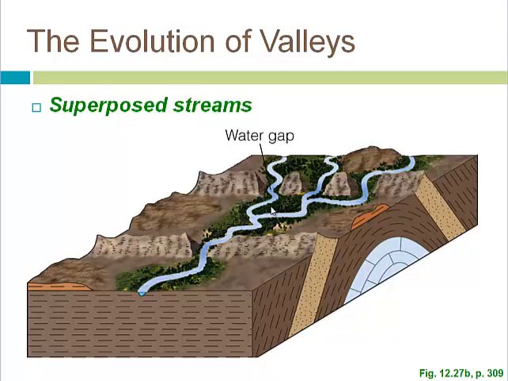As it cuts down through that harder rock material, it'll produce a water gap, which is basically a canyon through a protrusion that's coming out from some bedded plain. And then we get a superposition that develops, and basically the stream is superimposed over material that is resistant to erosion, and that's what you've got going on here.